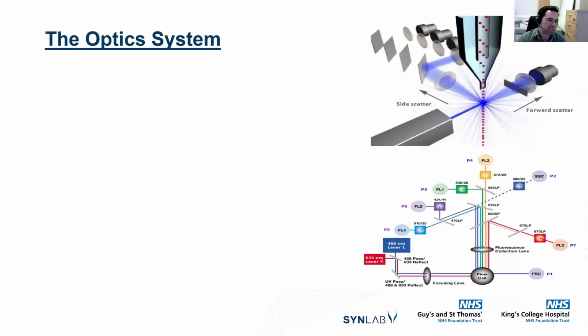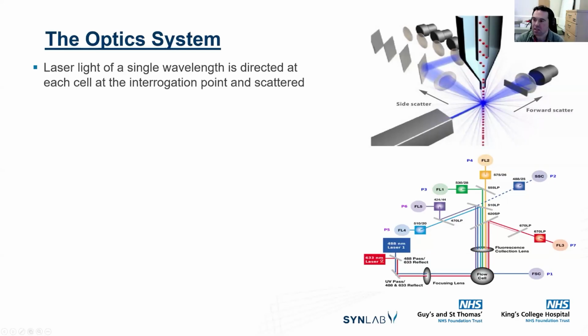So after the fluidic system, you have the optic system. The optic system looks very complicated here. The optic system is where laser light of a single wavelength is directed at each cell at the interrogation point. So we call this point here the interrogation point. That's where the laser hits the cell.